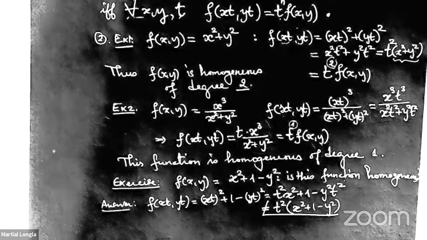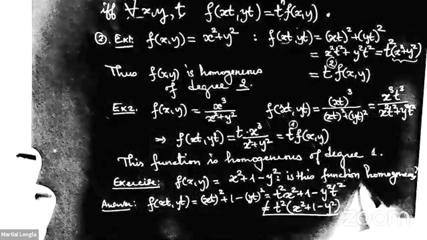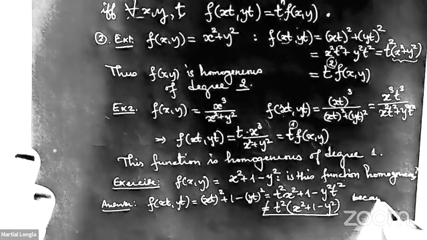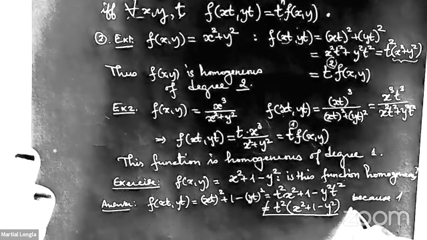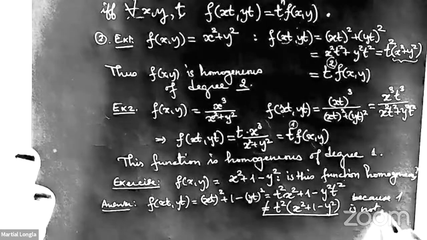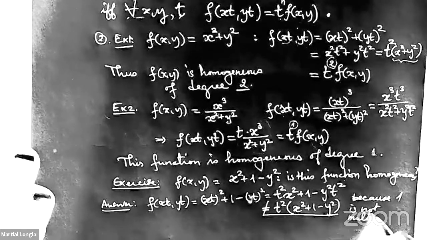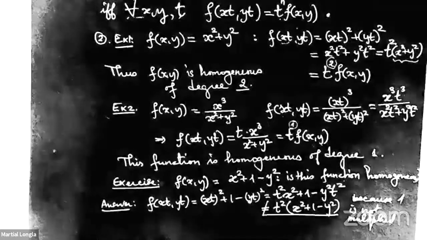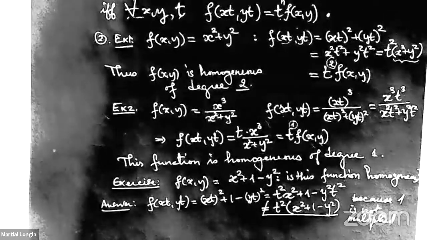Right? One is not multiplied by t squared, so you don't have it.